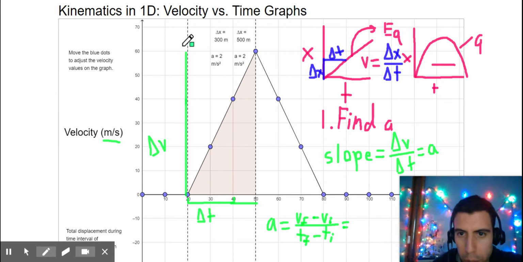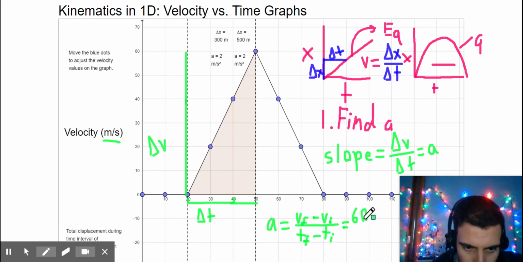Let's do this. So here we end off at 60 meters per second, but we start off at zero. So we start from here. Okay, let's find our delta T now.